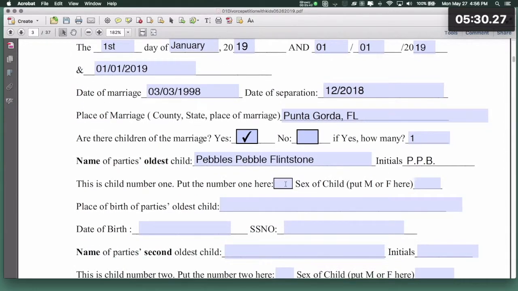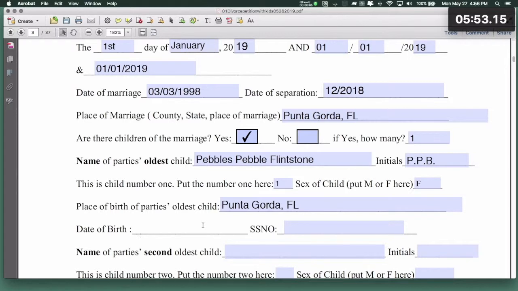Let's see. Child number 1. Sex of the child, let's see. She was female. Place of birth, let's be creative. Oh yeah, let's say she was born in Punta Gorda, Florida. Date of birth, oh, I don't know.